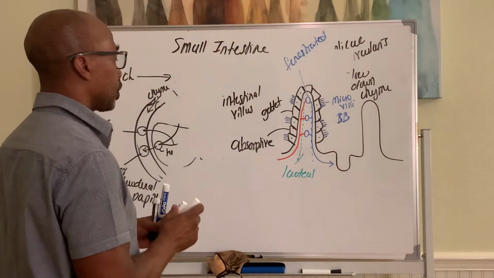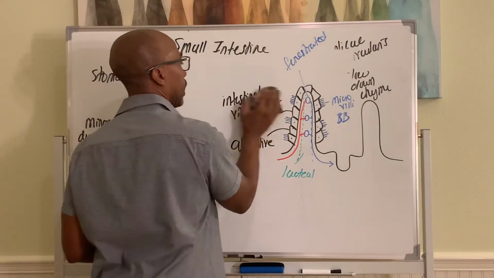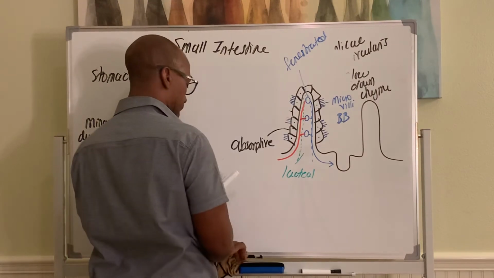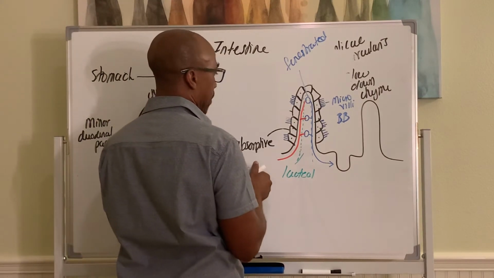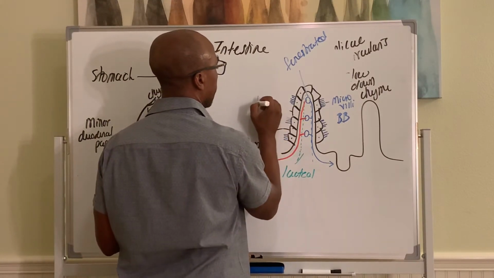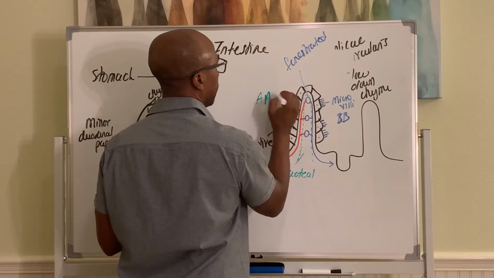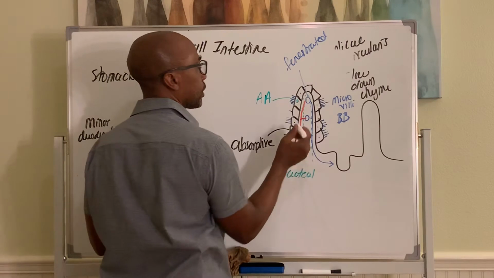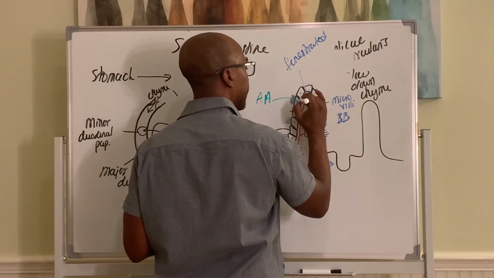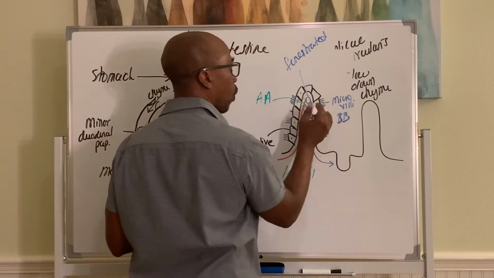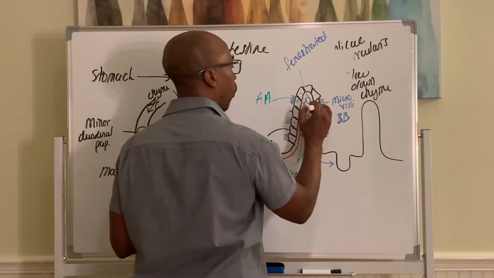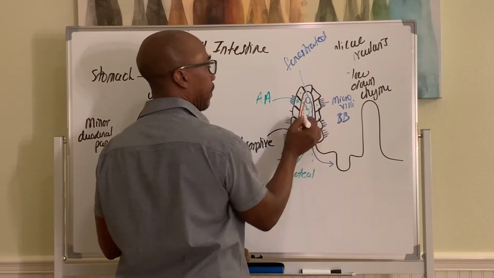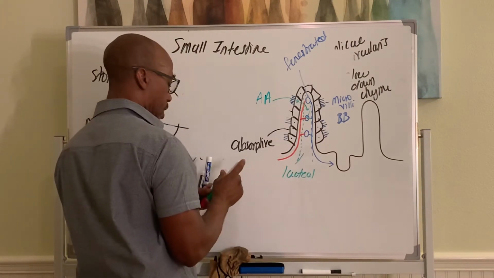So from, say, your lumen of the small intestine, things like amino acids can be brought into the absorptive cells and released into the core of the villus, where it will then find its way into your capillaries, and now it's in your blood, okay?